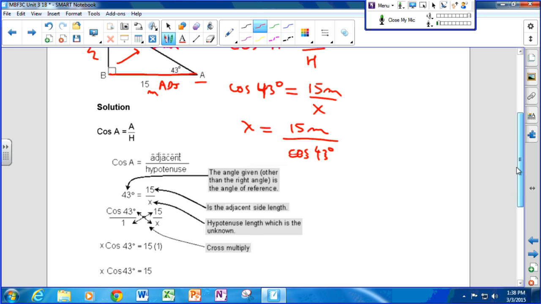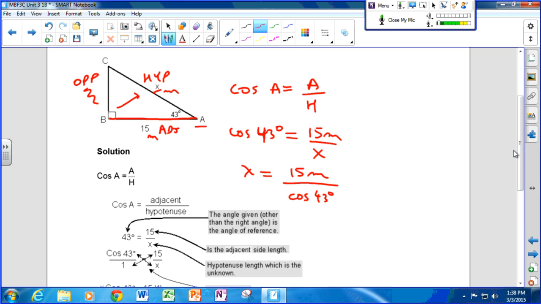So why was I able to do that? Well, if we do a little aside here, if I have cos 43 degrees equals 15 meters over x, and I want to get x by itself, then what I can do is multiply both sides by x. I'm allowed to do that.